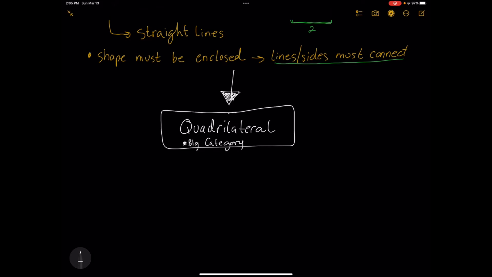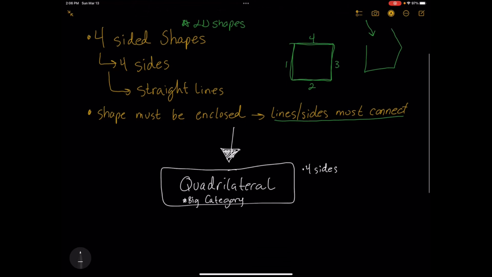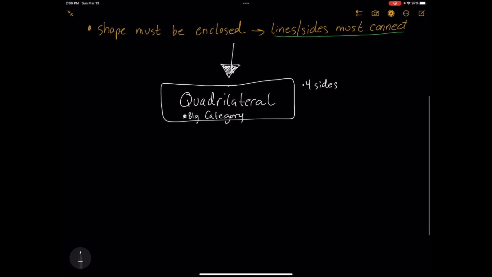And within this big category, there are lots of different individual shapes that are still quadrilaterals. Because remember, a quadrilateral is just any shape that has four sides, right? And it's enclosed. All right, so within this, let's take a look at this.